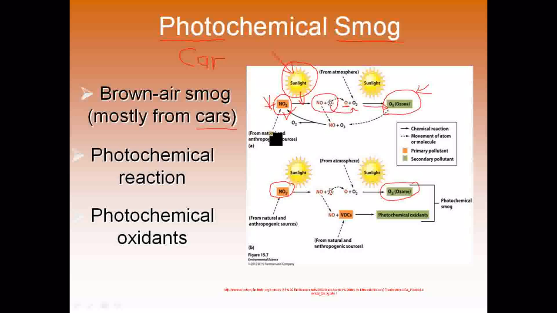Of course, there are natural sources of NO2 in the air, but by far photochemical smog is a problem because of vehicles. Nitrogen dioxide, in the presence of sunlight, this doesn't happen much in cloudiness, but in sunlight, one of the O's is cleaved off of an NO2 and reacts with O2 to form O3.